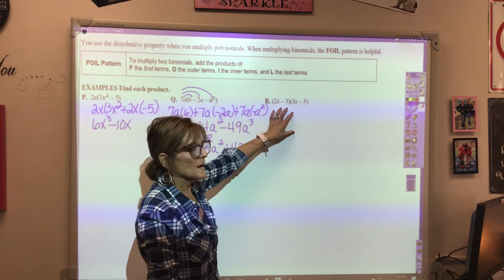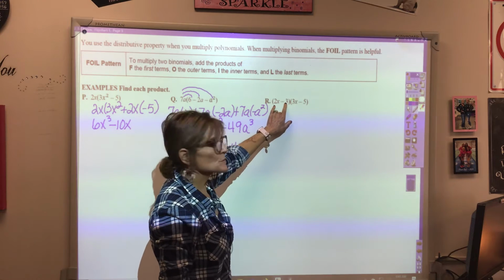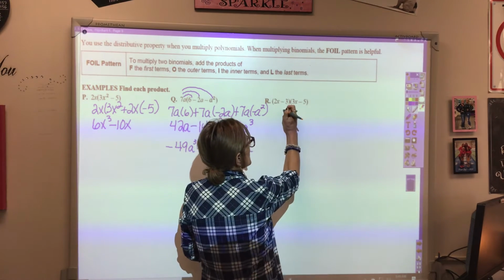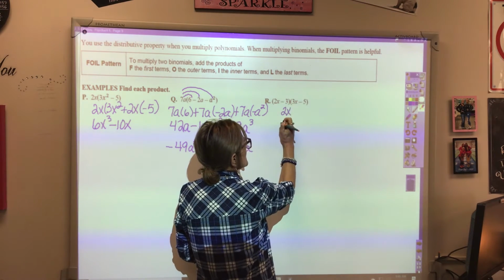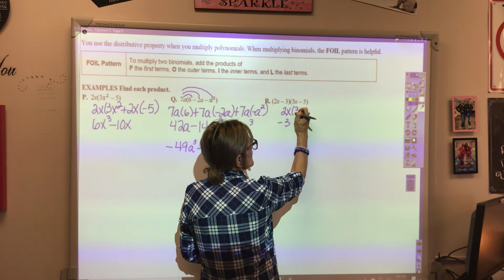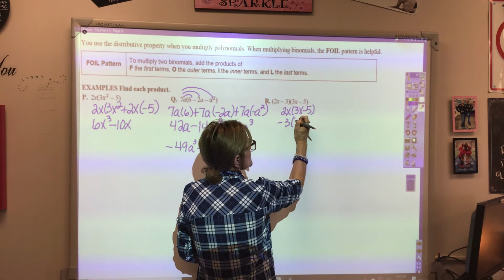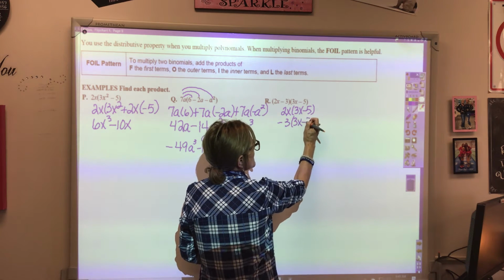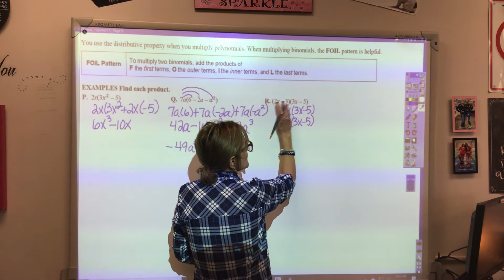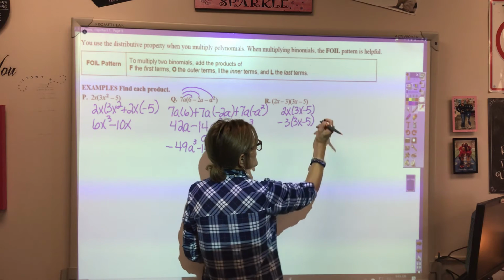Now when we get to the binomials, remember that what we did was we took the first one and we stacked it. So we wrote it as 2x and a minus 3. Then beside each of these we write 3x minus 5 times 3x minus 5. That way everything in the first parentheses is multiplied by everything in the second parentheses.